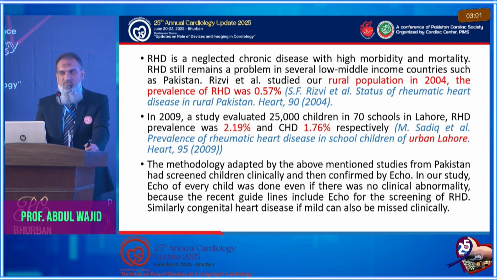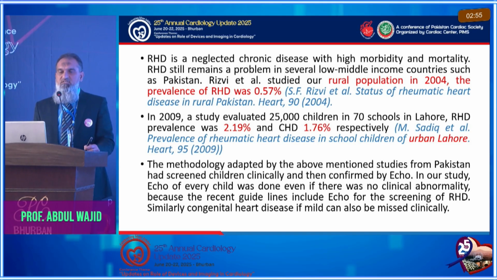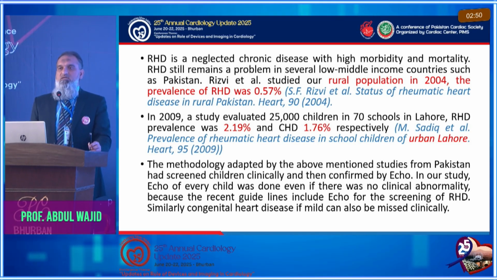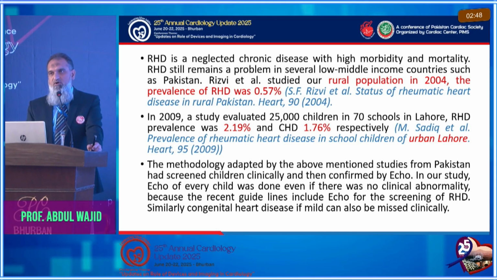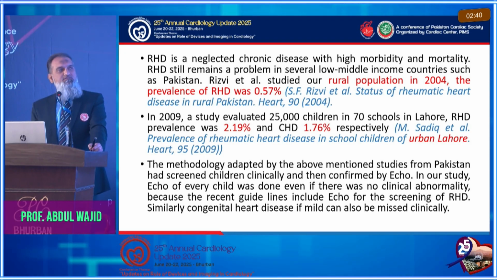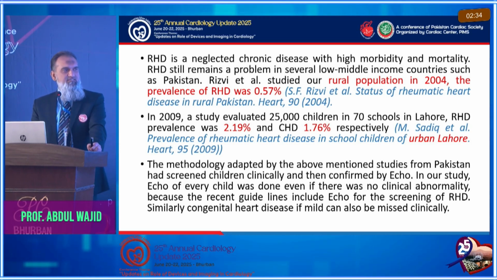In another study by Masood Sadiq Sahab, done in 70 schools of Lahore, 25,000 school children were screened by a clinical method, and the suspected children were selected for echocardiography. Not all children had echocardiography. They found a prevalence of 1.76% of congenital heart disease and 2.19% of rheumatic heart disease.